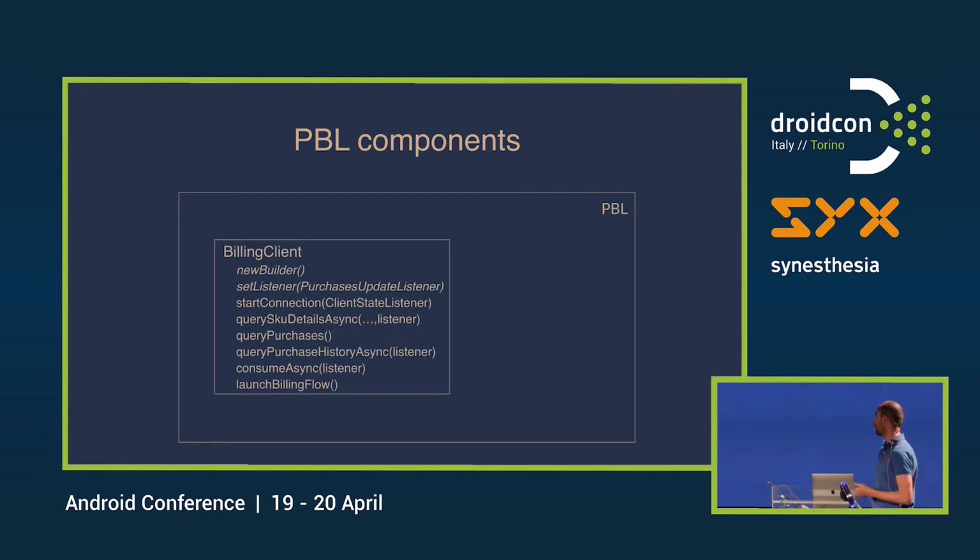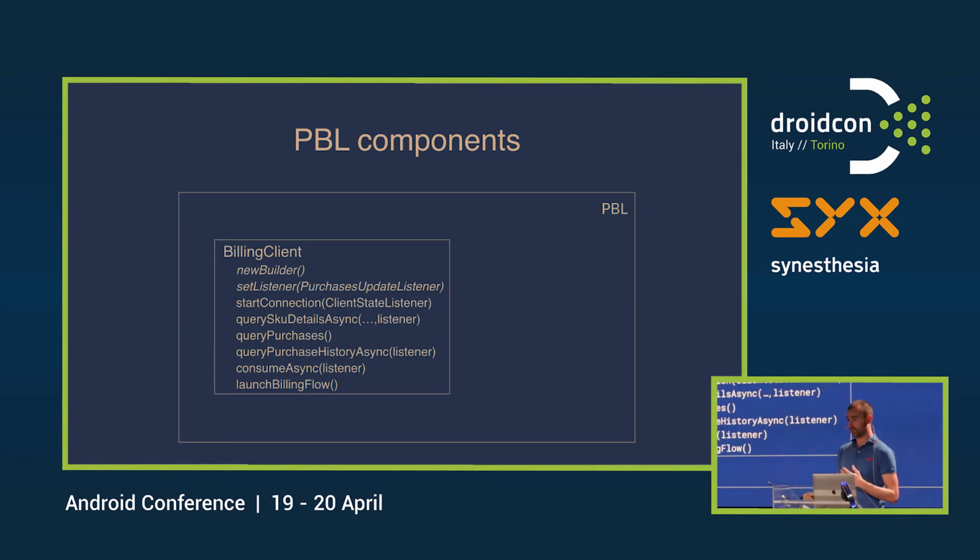The BillingClient, when it comes to the methods that it offers, is pretty similar to the ones that we saw in the interface file. That's a good thing, because we are already familiar with what we need to do. But if you look carefully, there are some little improvements here and there. You can tell that the builder pattern is now enforced, which is much nicer to work with. You can set listeners for different things, like the listener for the purchases.